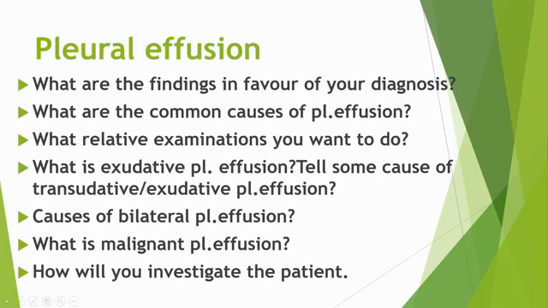If it is neutrophil rich, then the cause may be acute infection like parapneumonic effusion due to bacterial infection. If it is lymphocyte rich, then it may be tubercular pleural effusion. If there are plenty of RBC, then it may be malignant pleural effusion.